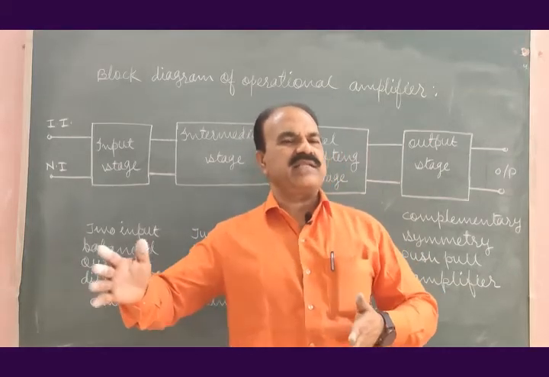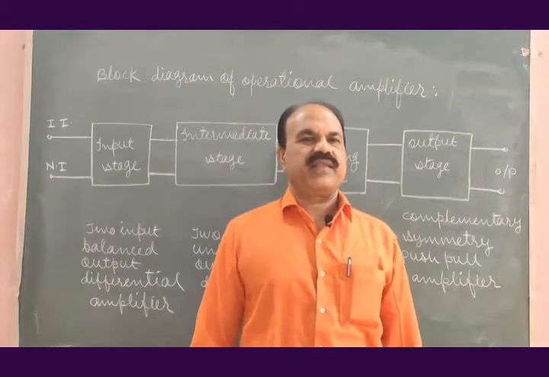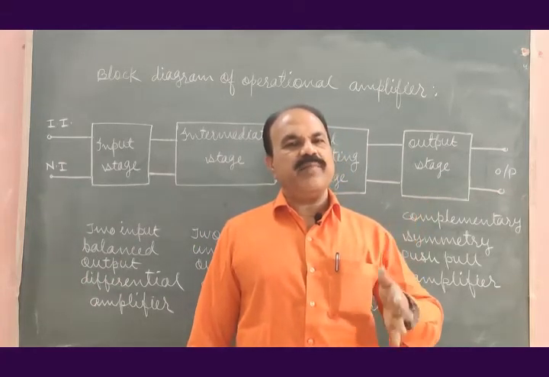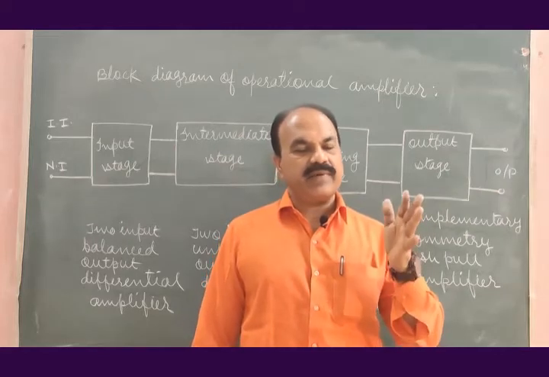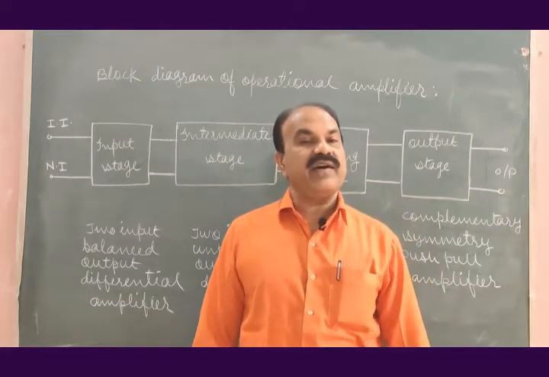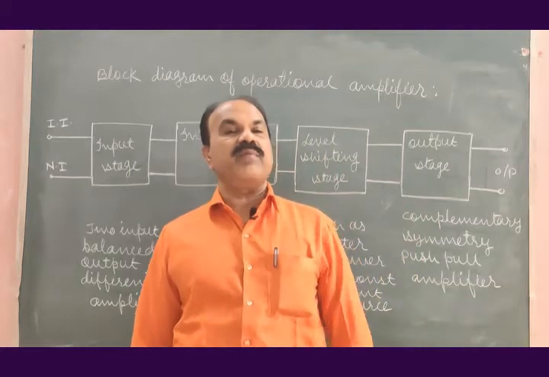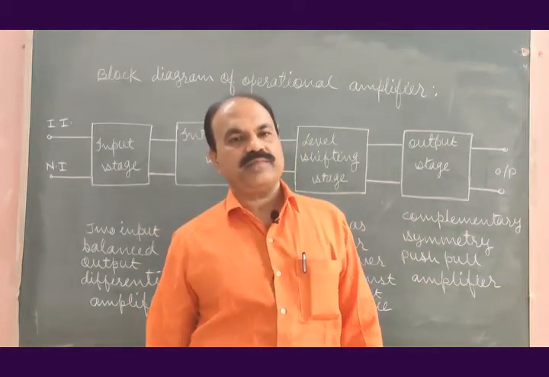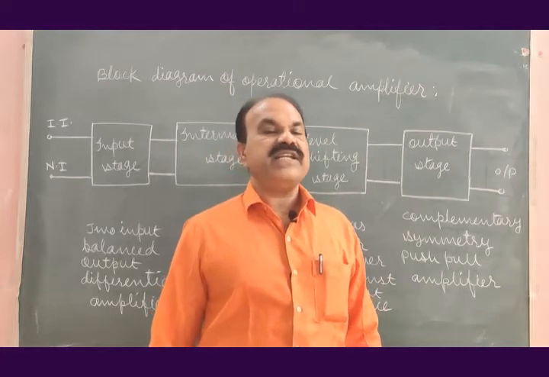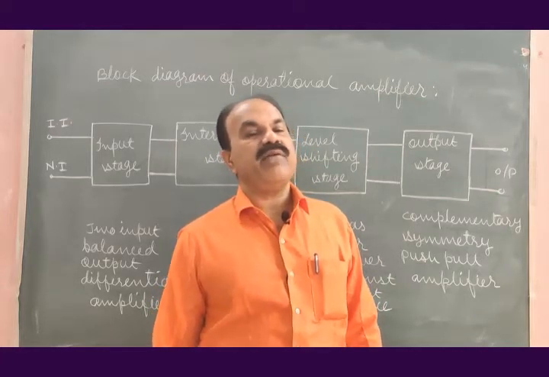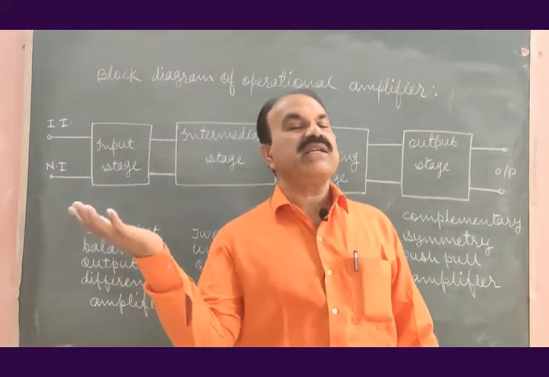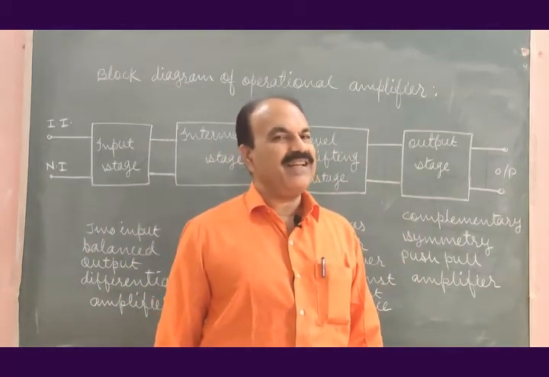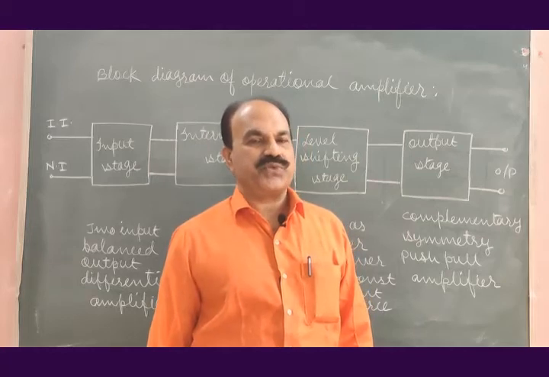There are different classes of amplifiers: class A power amplifier, class B power amplifier, class C power amplifier. Power generated by class B power amplifier is more than class A power amplifier, where trickle biasing is used.